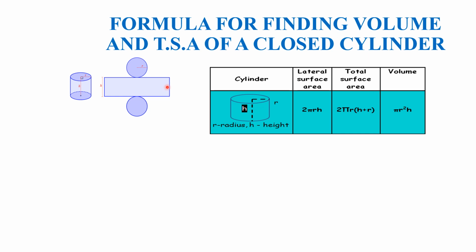And so we are going to put the two circles, one at the bottom and another one on top. Now that the circle is fitting on that curved part, it means that the length of this rectangle will be the circumference of this circle, and the width of the rectangle will become the height of the cylinder.